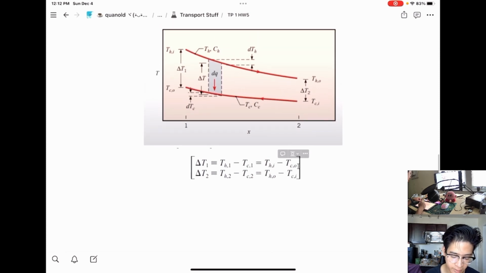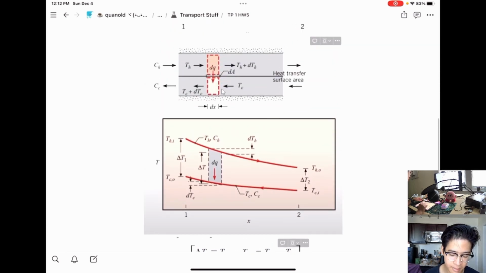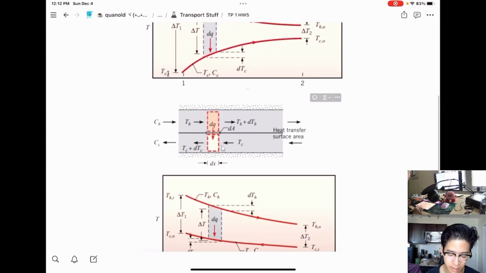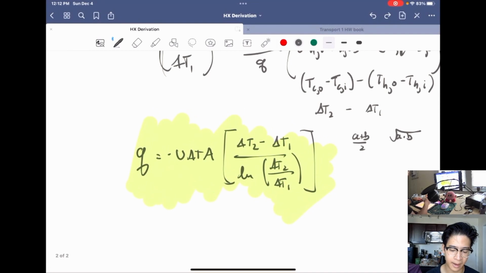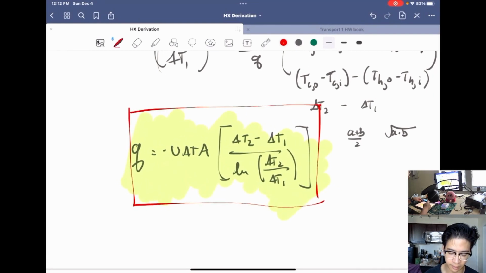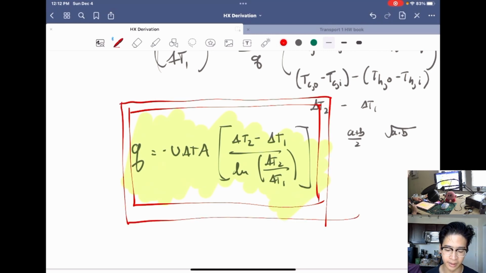These terms delta T1 and delta T2 remain the same for a co-current and counter current heat exchanger, such that this expression becomes valid for both situations of co-current and counter current. And that's why this is so useful and ubiquitous if you ever go off and design heat exchangers.